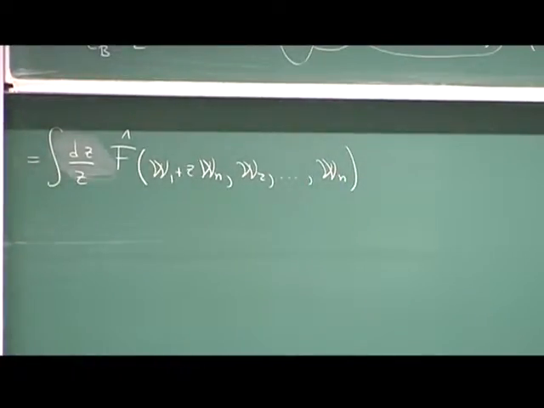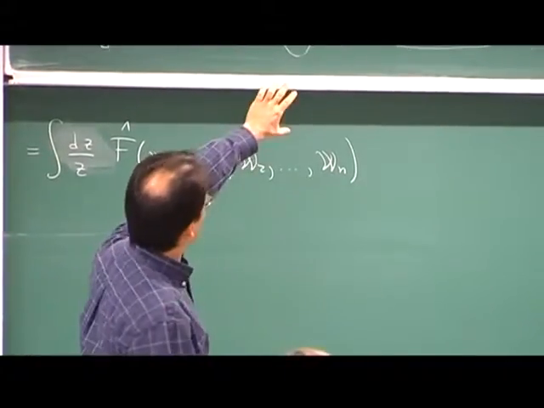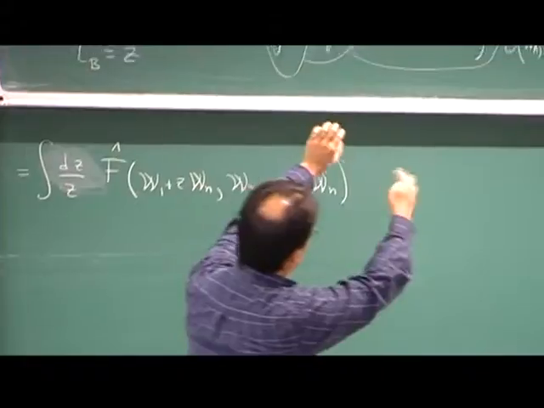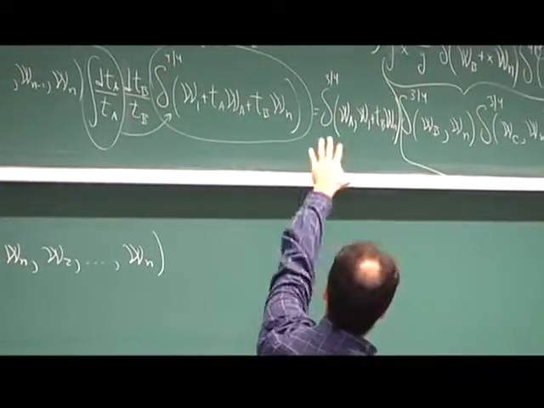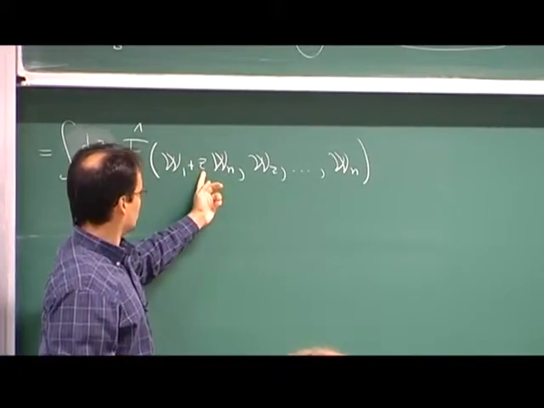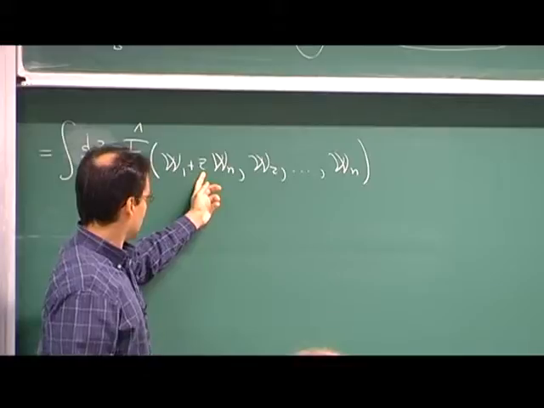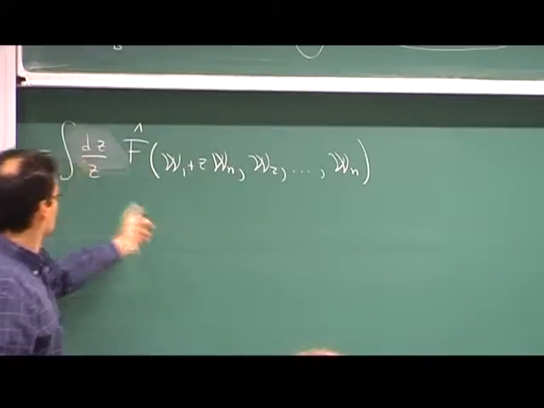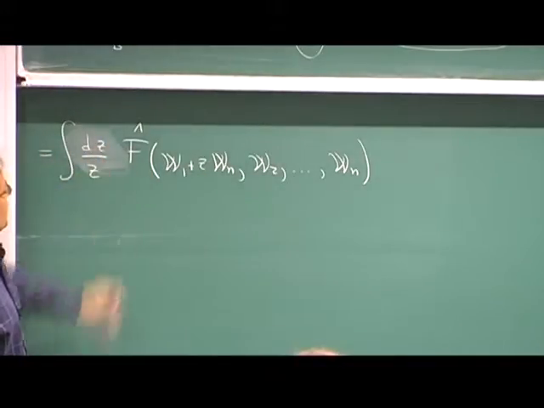So that's what I got. Attaching that combination of black and white vertices to anything just introduces a shift of W1 by Wn proportional to some integration variable, and introduces an integration over it.